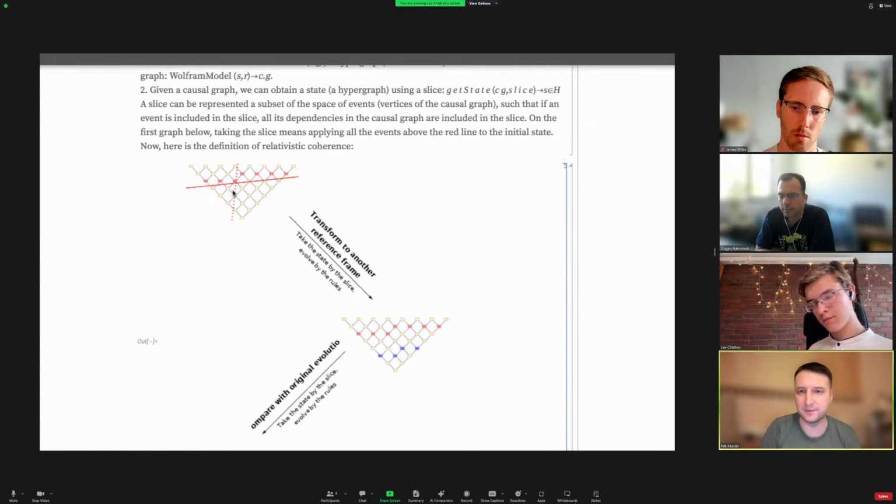Because it's going to be the same. Since we are considering a single-way causal graph, there are no ambiguities. We just apply the updates as they happen, and there's always only a single way the update can happen.